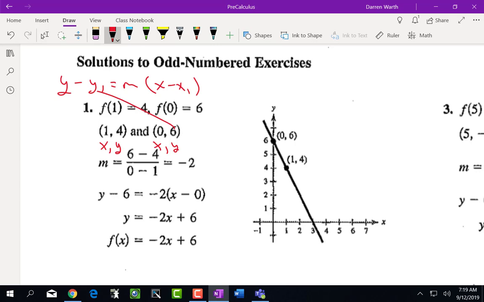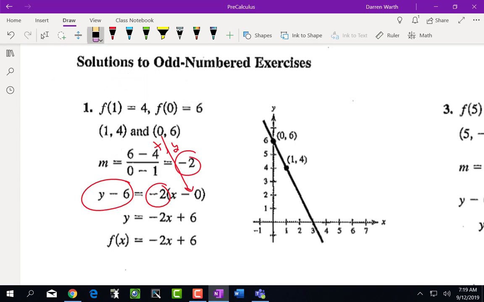So I'm going to substitute in 6, and I'll get y minus 6. We substitute in our slope, which is negative 2, and then we substitute in our 0. Now that we've done that, we can simplify this out.